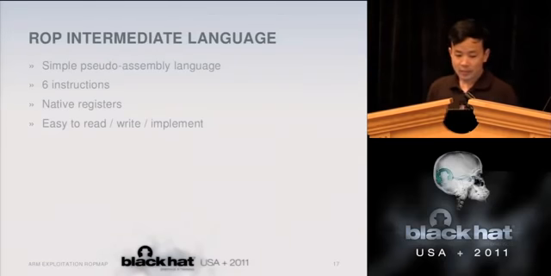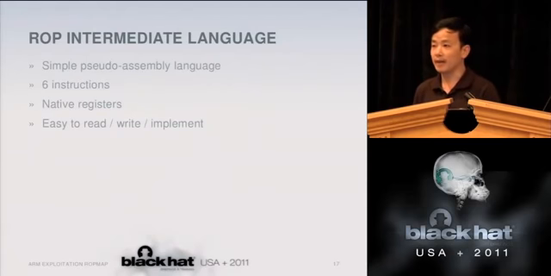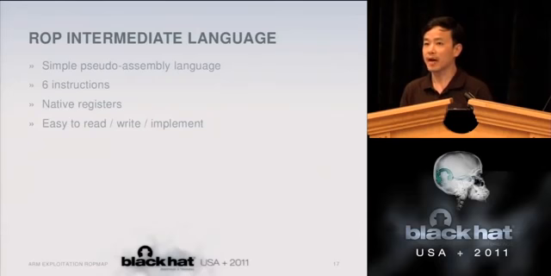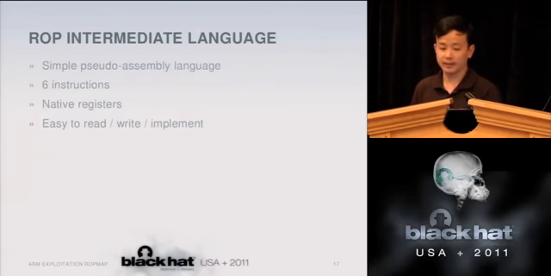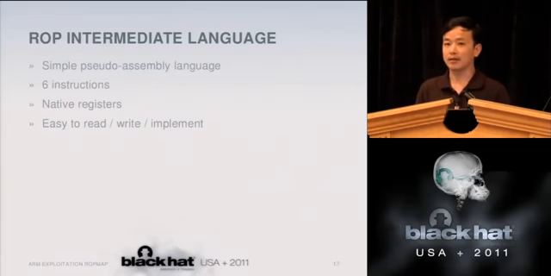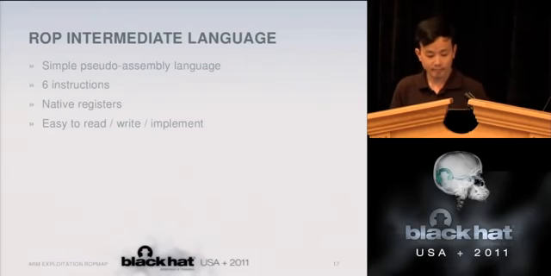And we do not invent new register names; we define the instructions and you use the native registers from the platform. Like for x86, we still use EAX. For ARM, we still use R0, R2, R3, like that.